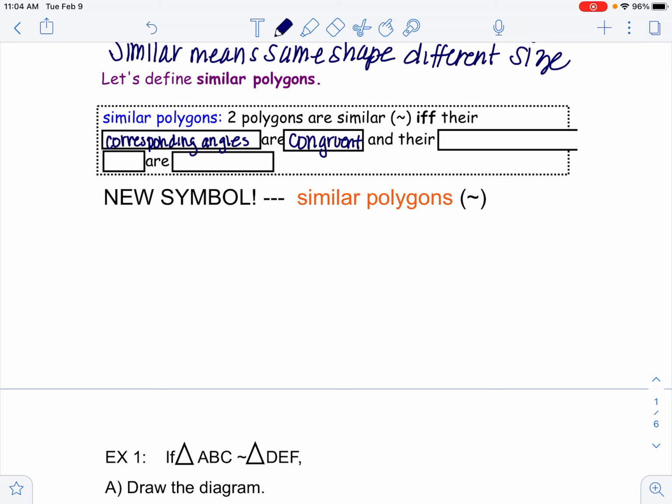If it's a triangle, you have to have three sets of congruent angles. So not all three angles have to be congruent to each other, but three sets of congruent angles. And their corresponding sides are not congruent because we're going to have different lengths here. They are going to be proportional.